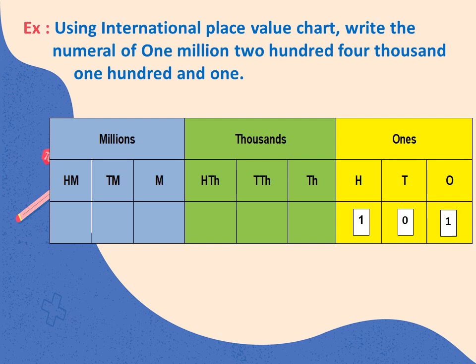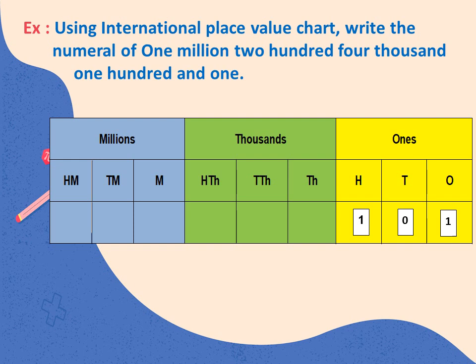Next step is to enter the digits in the thousands period. So what comes in the thousands period? 1 million, so it means 1 comes in, as I said, the millions period. 204,000: this 204 comes in the thousands period.